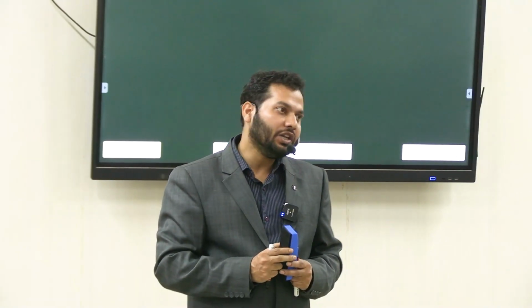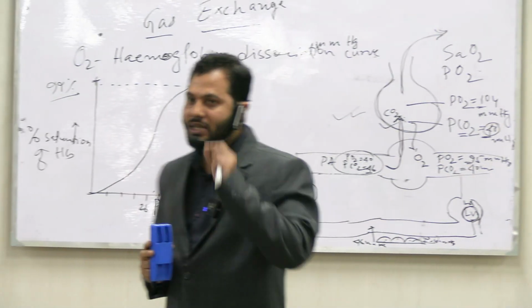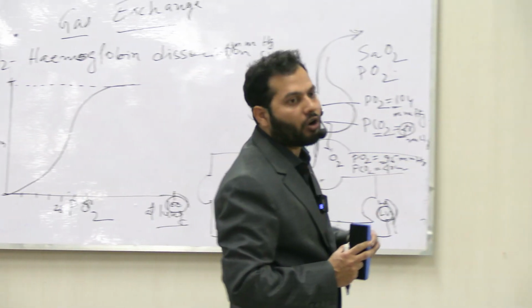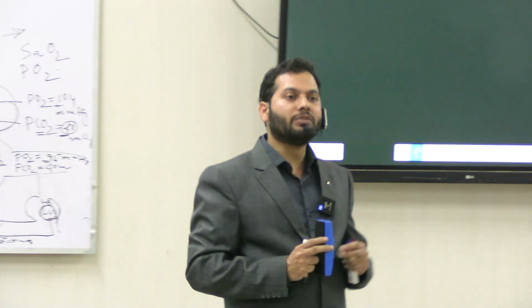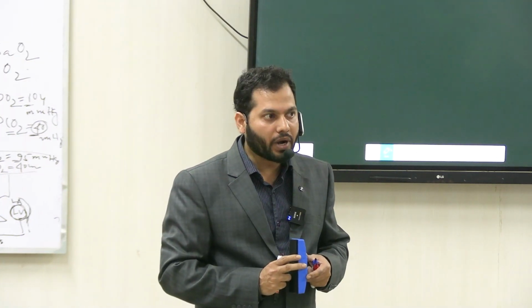This is called positive cooperativity, right? I repeat, initially the binding of oxygen with the hemoglobin molecule is a little difficult. Once the first oxygen molecule binds to hemoglobin, it facilitates the further oxygen molecule binding with the same hemoglobin molecule, right?